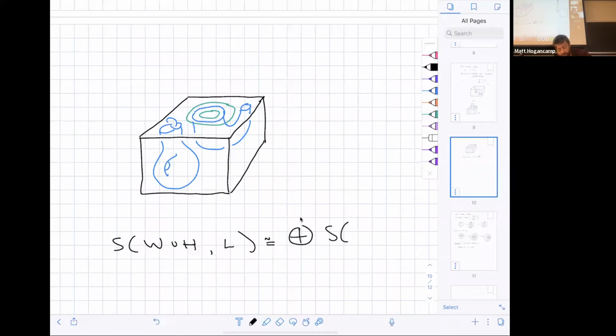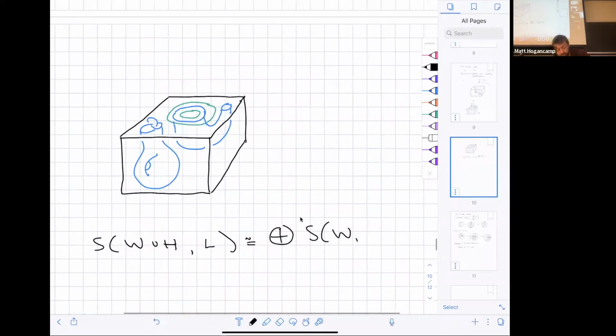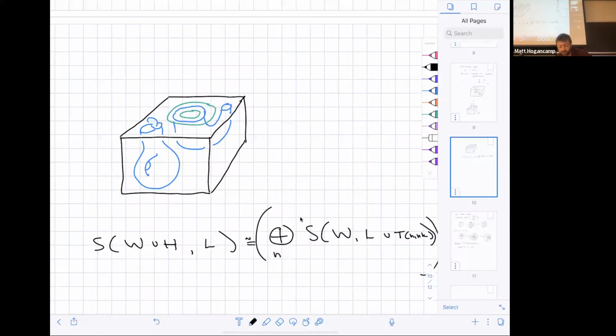You take the skein lasagna module of the original four manifold, but where your link is L union some parallel copies of the attaching circle of that two-handle, where K is the framing, mod relations.